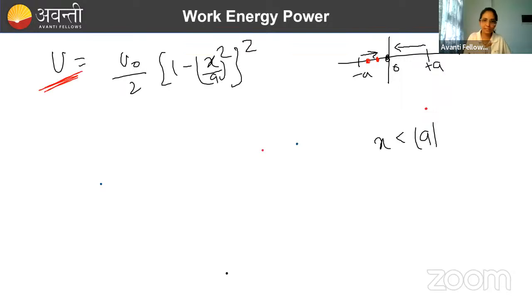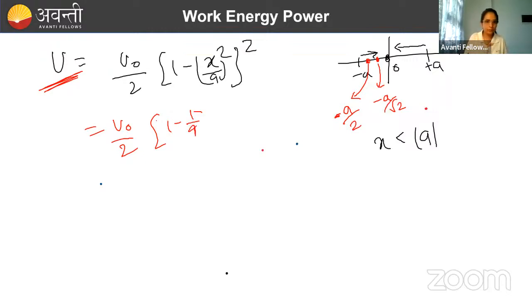So this is the potential energy equation. Let me take 2 points: one I take as -a/2 and the other as -a/√2. Let's calculate on both and check. The value is U0/2 times (1 minus x/a) squared, and for -a/2 the bracket becomes 1/4, please keep an eye on the calculation I am doing. So this will become 9/16 times U0/2.